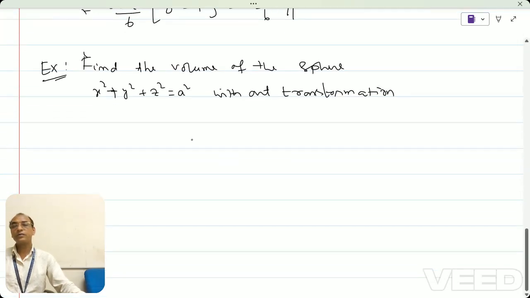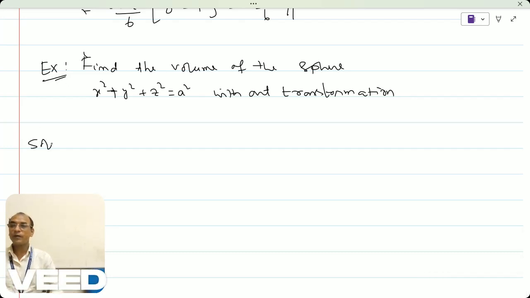Let us find the volume of this one using triple integral. So now we know this is a sphere with center at origin and radius a.